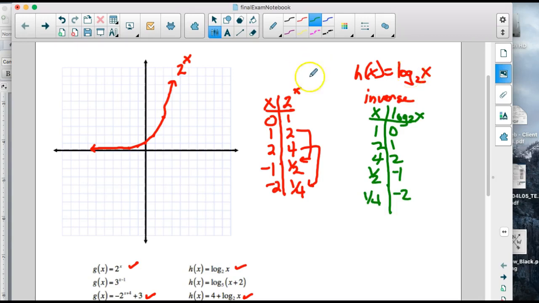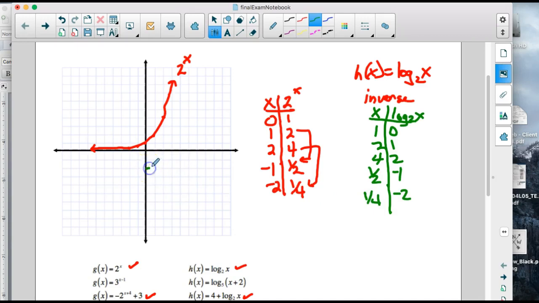I always start with this one because it's the easiest one. If I'm going to do a logarithm, then I would just switch the x and y values and graph that one. This one has an asymptote on the y-axis, so it's going to get close to the y-axis because this value right here is 1/4, -2, so it's going to go down to here.